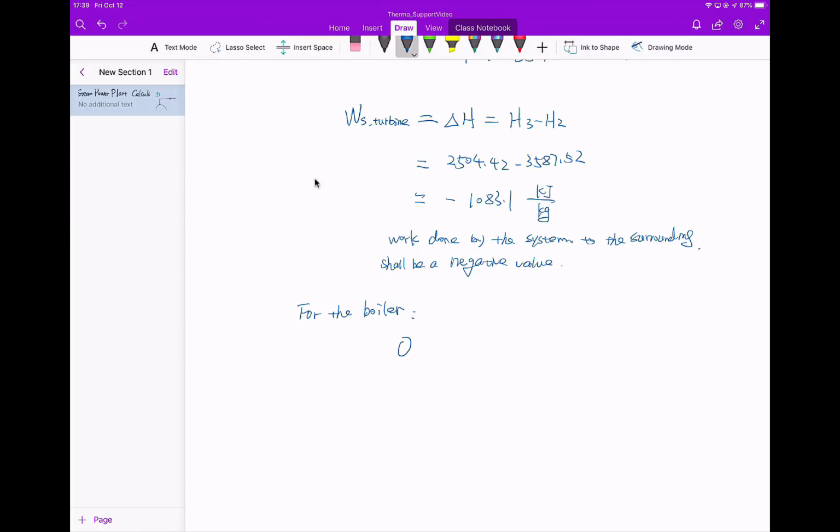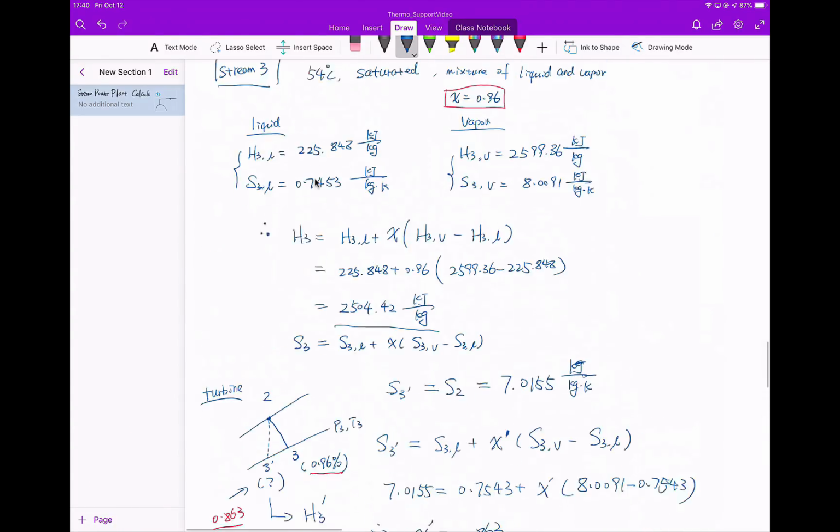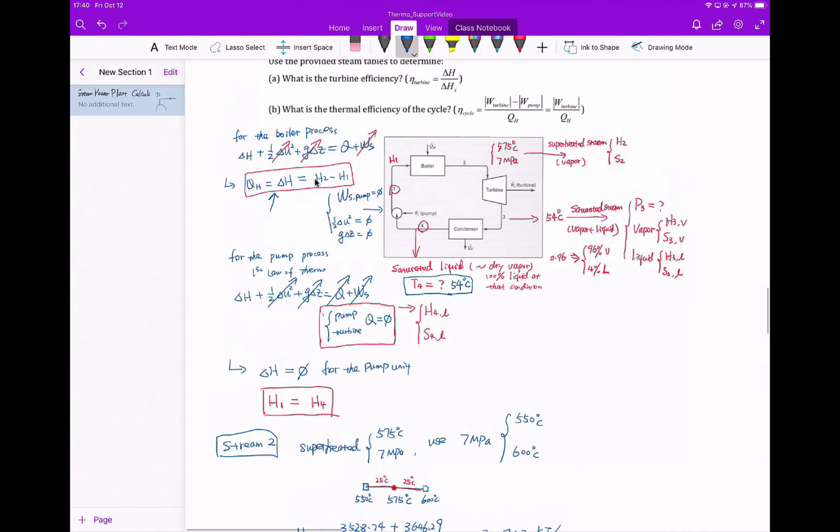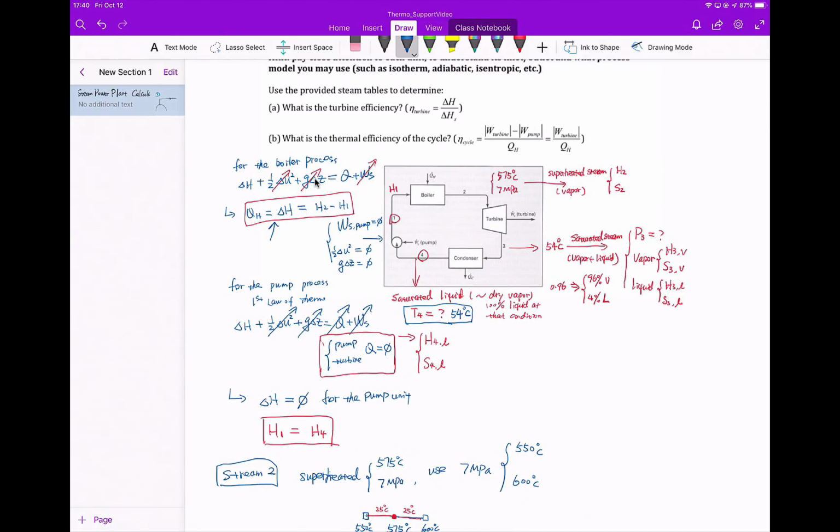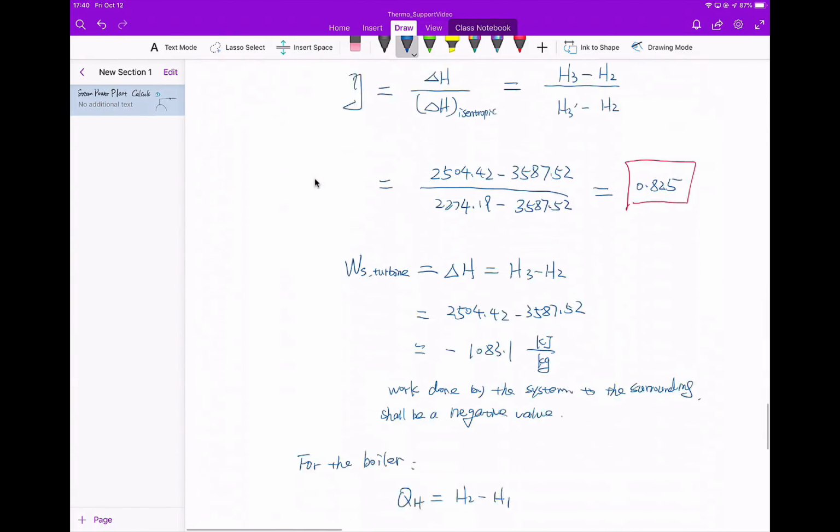QH is simply H2 minus H1, and I have the H2 value read from the table, and H1 is basically H4, and H4 I can read from the steam table as well.